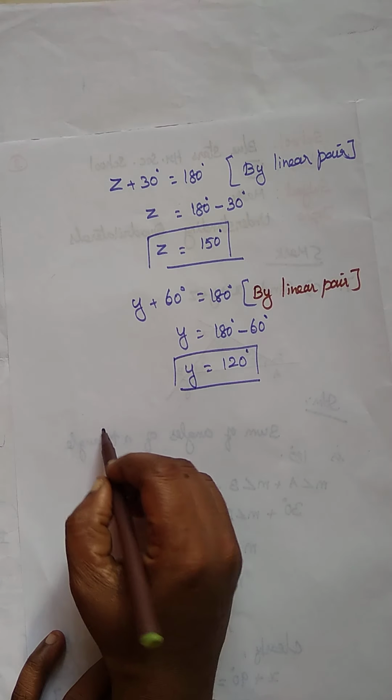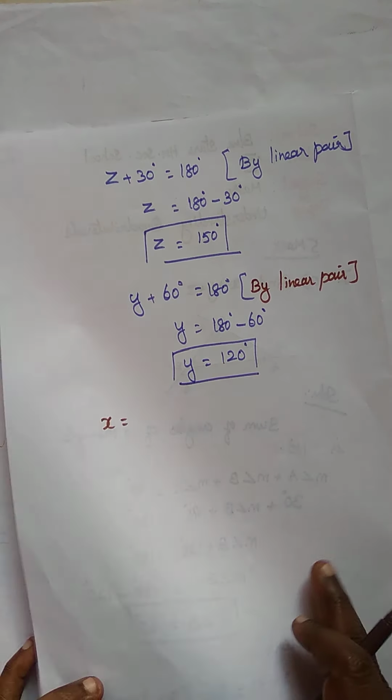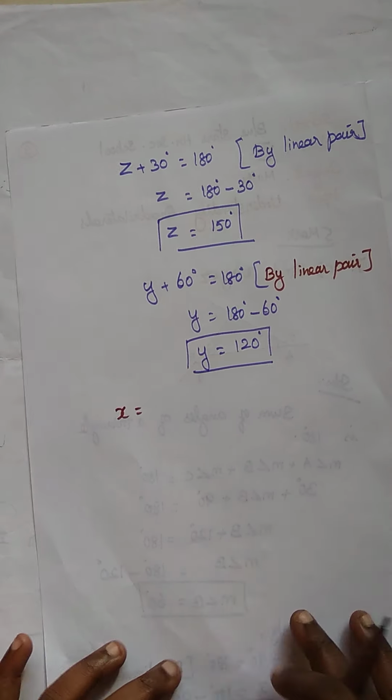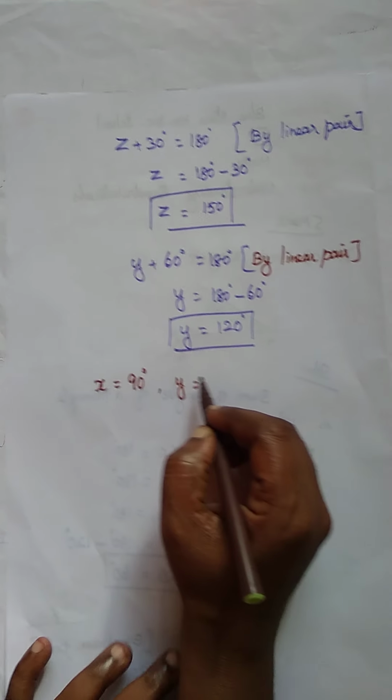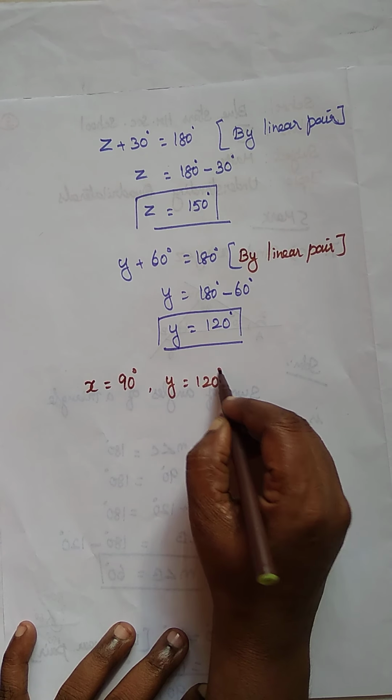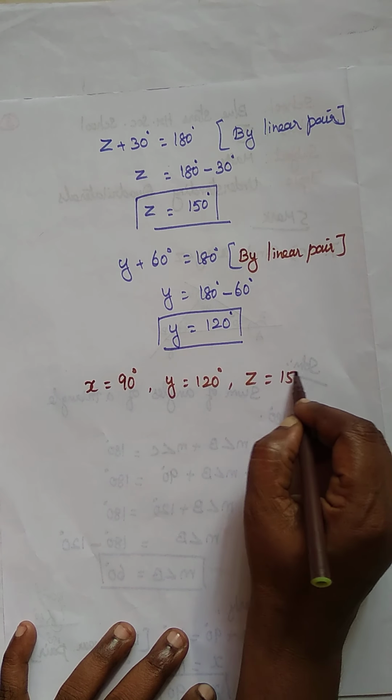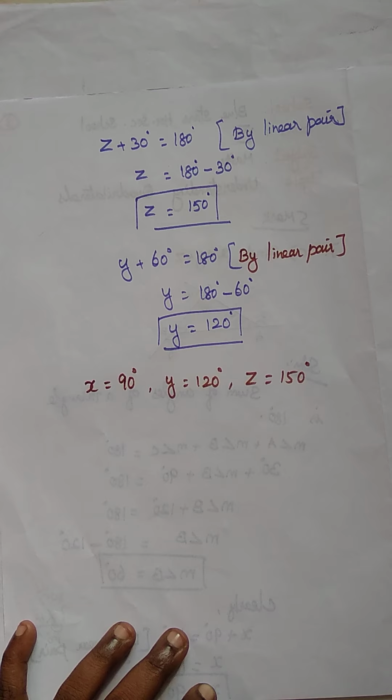What is that? x we find out பண்ணிருந்தோம். x value is 90 degree. Then y is equal to 120 degree. z is equal to 150 degree. The question is x plus y plus z. Okay.